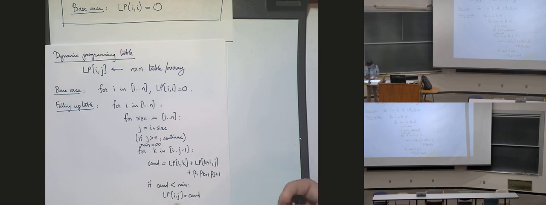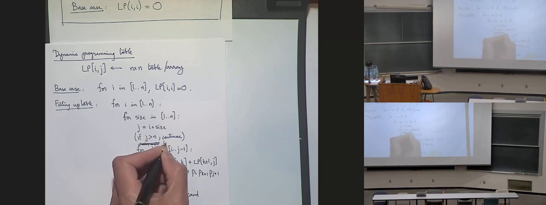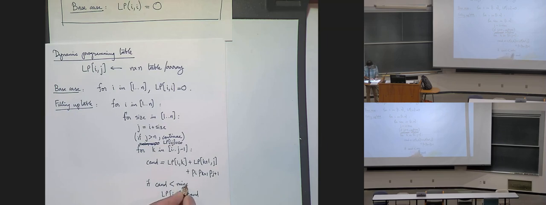Sorry, let me just initialize LP[i][j] to be infinity, and then say if this is less than LP[i][j], then do that. So I'm storing the minimum implicitly in that. Does this make sense? So this is how you'd fill up the table.